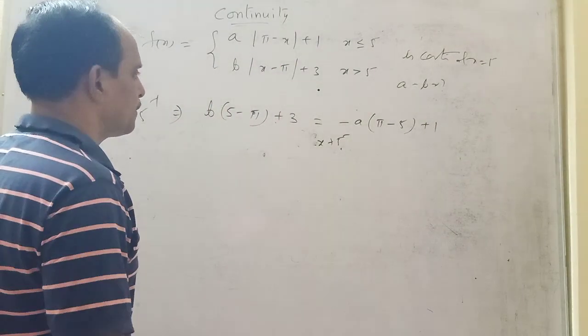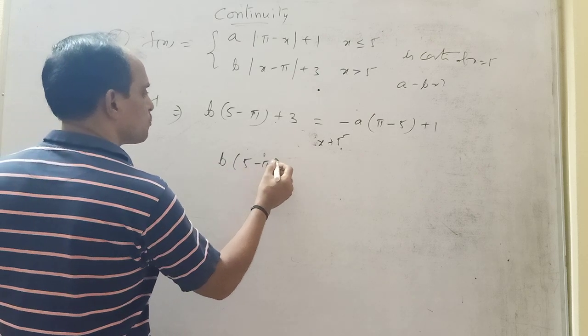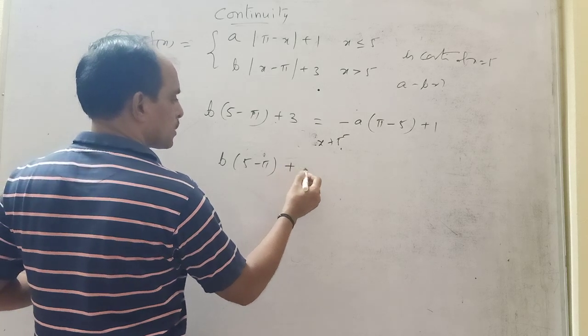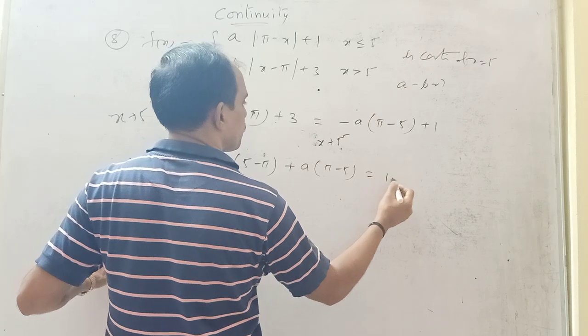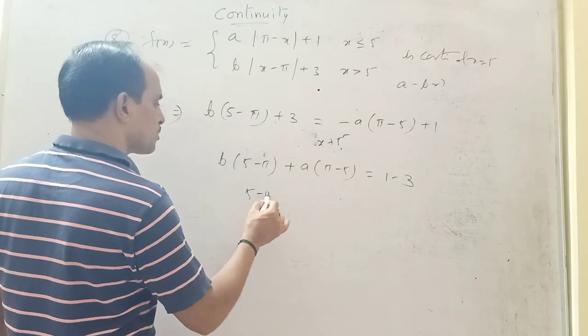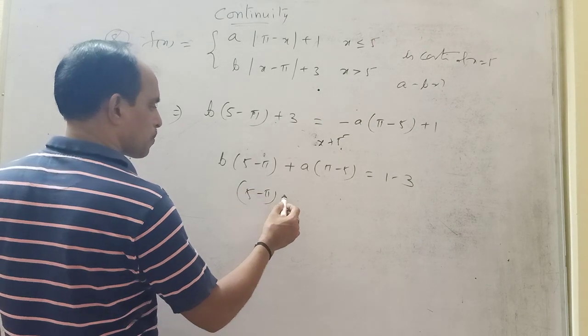Now you see, b of 5 minus pi, and when it comes to the other side, plus a of pi minus 5 is equal to 1 minus 3. Now you can take 5 minus pi common, or pi minus 5, whatever it is.